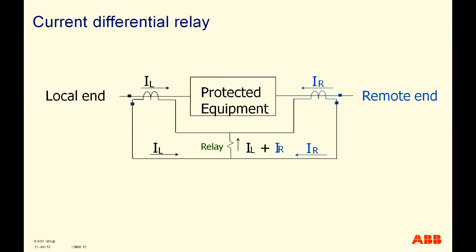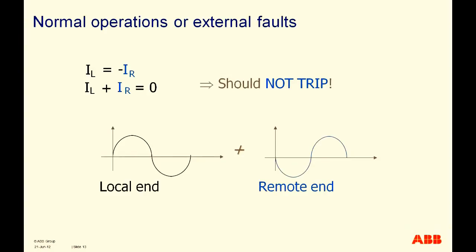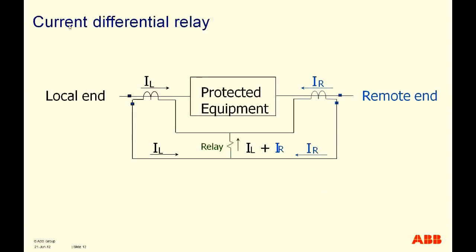But basically the idea of differential protection is the same. This would be the ideal situation, when the CTs have ideal characteristics. In this case, if the fault is external, somewhere here, then the direction of IL will remain the same, but the direction of IR will reverse, 180 degrees opposite.